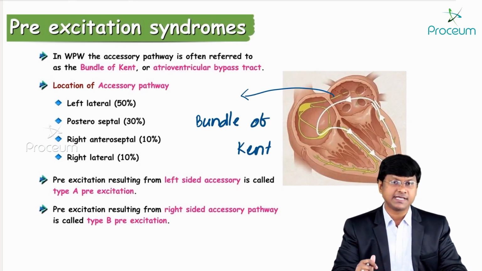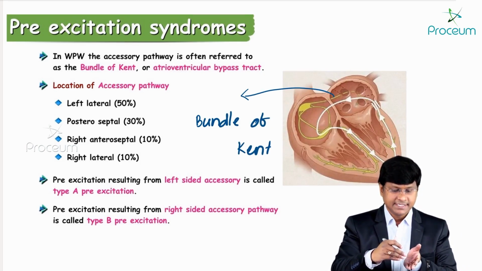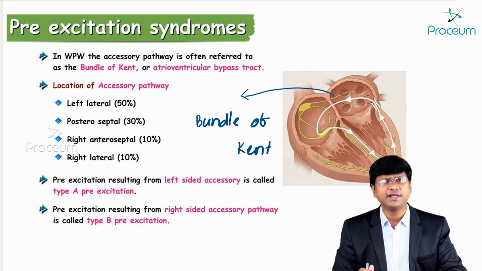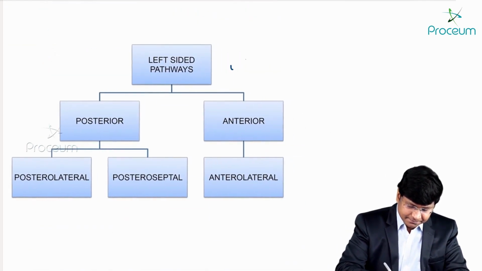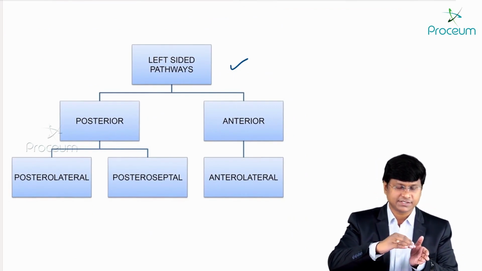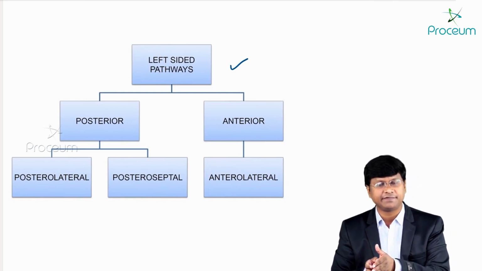Now, these accessory pathways are present either on the right side or on the left side. Accordingly, you see the classification. For example, you take left-sided pathways. Left-sided pathways are those where you have the bundle of Kent connecting the left atrium and the left ventricle.